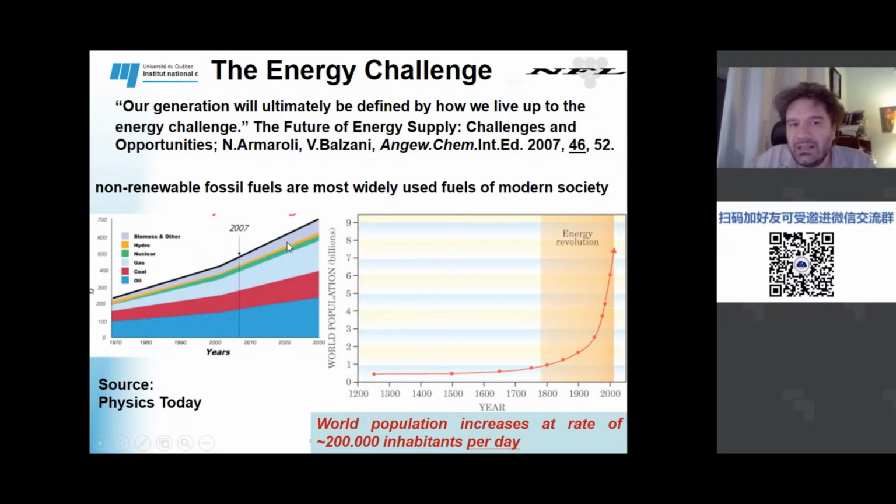So this is where we are today in 2020, and these values are quite accurate. So about 80 to 85% of the energy we use worldwide is based on fossil fuels, which is a combination of oil, coal, and natural gas.